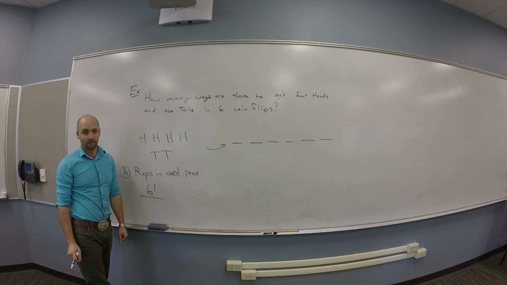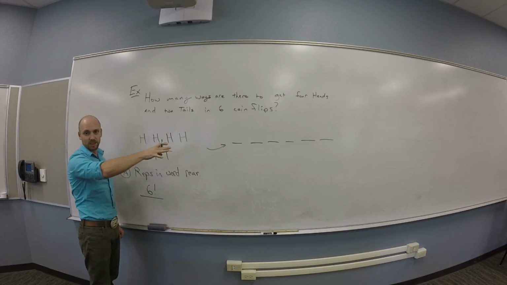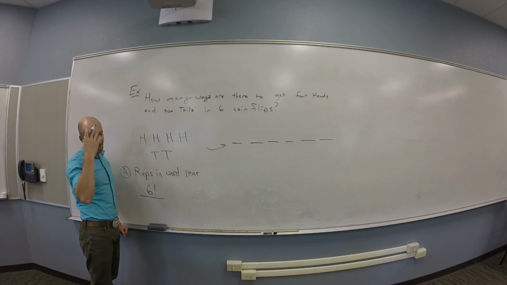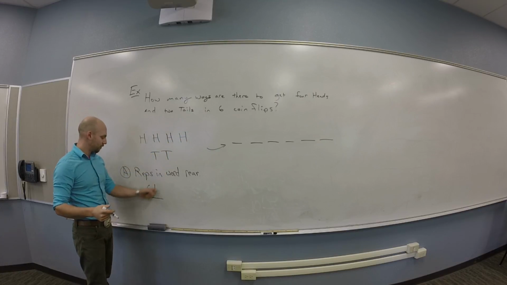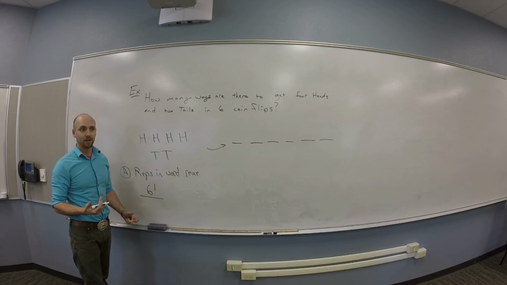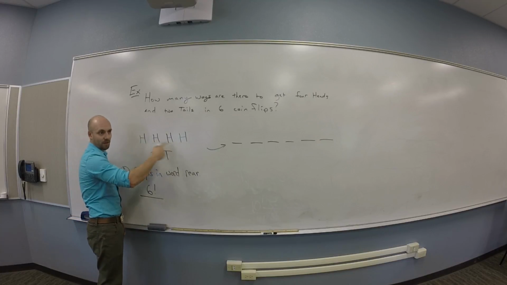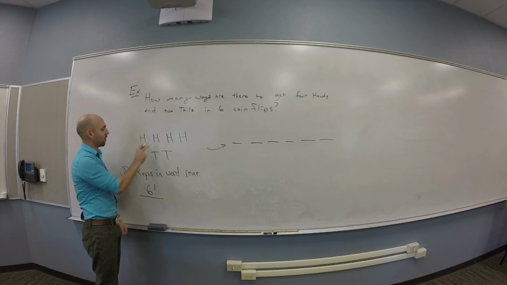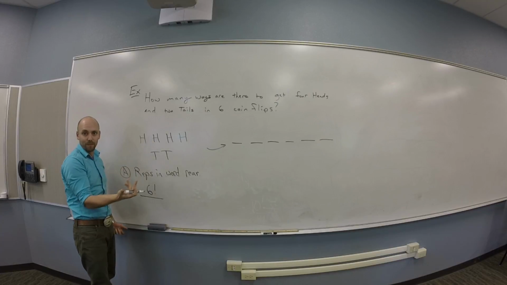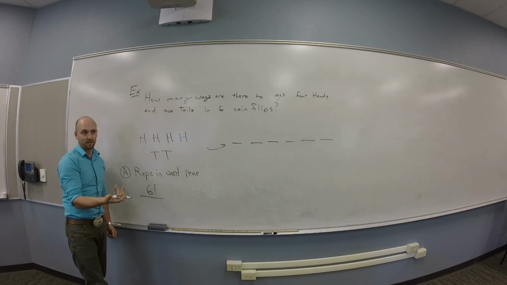Why is 6 factorial too big? Because each head looks exactly the same. These aren't different colored or something. They're all heads, so if I swap those two, it doesn't make any difference.